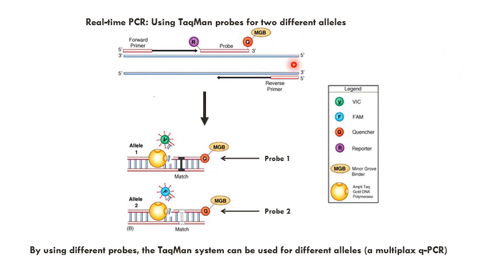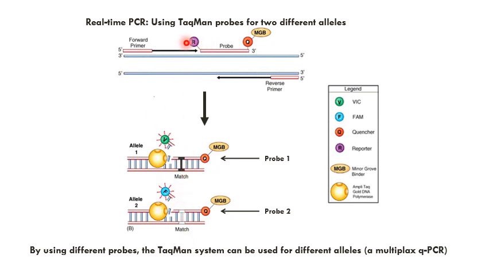Again, in real-time PCR, we can use what's called a multiplex qPCR. A multiplex, as we always say, is many assays happening in one reaction. So, for example, here I have a forward and reverse primer, and I have a probe, the same concept, but here I will design two different probes with many dyes as a reporter. For example, here the reporter is purple, here it is VIC dye, here it is FAM dye, and so on.